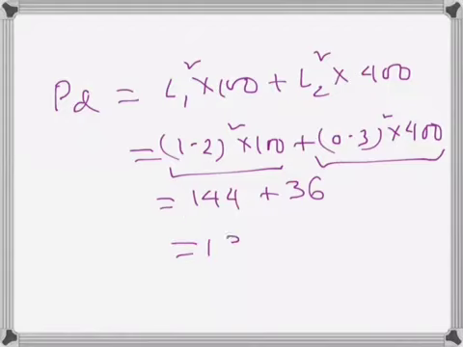So again 180 watts, the same result. I just calculated with a different formula for power. So that's I squared R, and the power dissipated here is again the same as the power supplied.